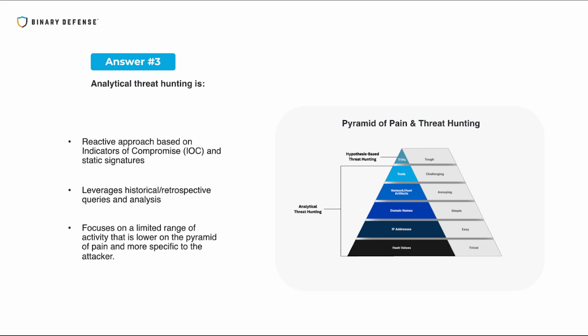Oftentimes, organizations will look at a file hash and an IP address, which are very straightforward methods and easy to alter, instead of looking at the tactics, techniques, and procedures higher up on the pyramid of pain. Typically, when you see these file hashes or IP addresses in a write-up, they're probably already used, and an attacker is unlikely to go back and reuse those in a new campaign.